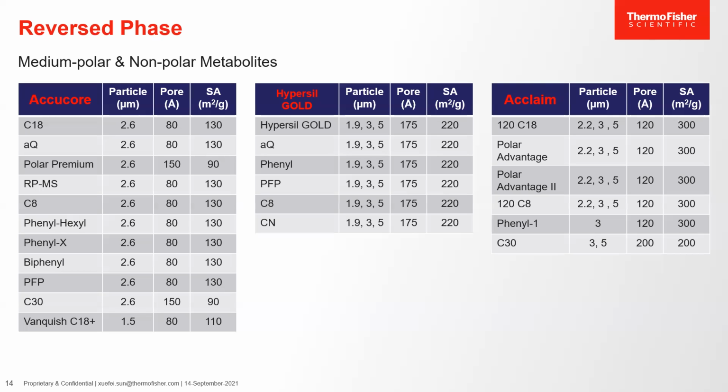If you'd like to try different particle sizes, there's the 1.9, the 3, and the 5 in the Hypersil Gold. We up it a little bit in the Acclaim with the 2.2 particle size, which also is a 3 and a 5. The pore sizes are a little different between the two, even though they're still essentially the same type of column with the fully porous particles.